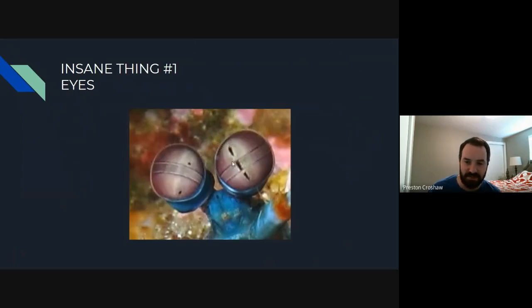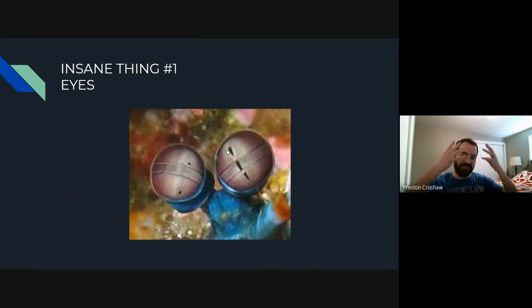You can see, first of all, their eyes are very interesting looking. They have these three different bands, and these are actually three different compound eyes. So they really kind of have six compound eyes. And this right here, this black streak, is where they are receiving the most light.